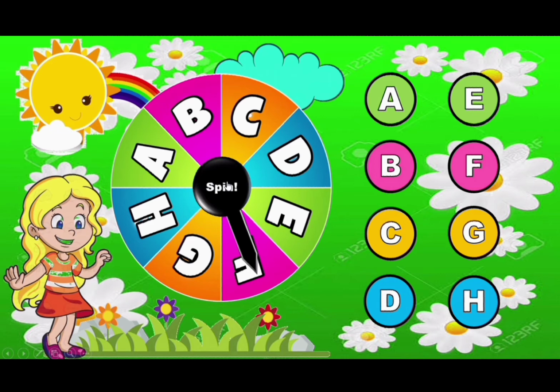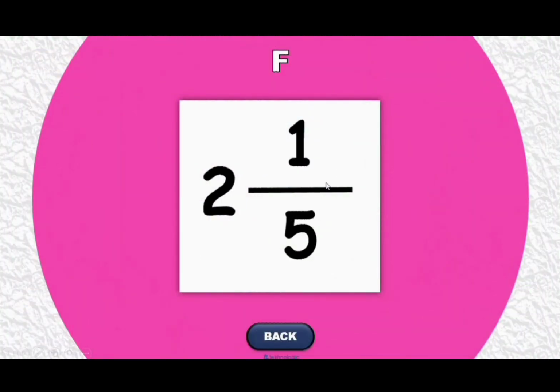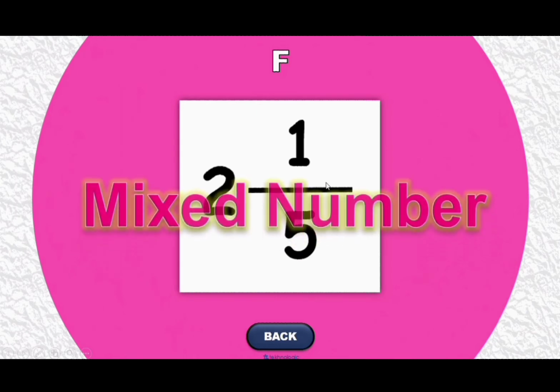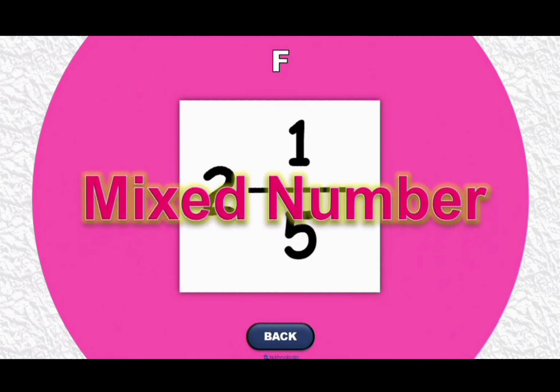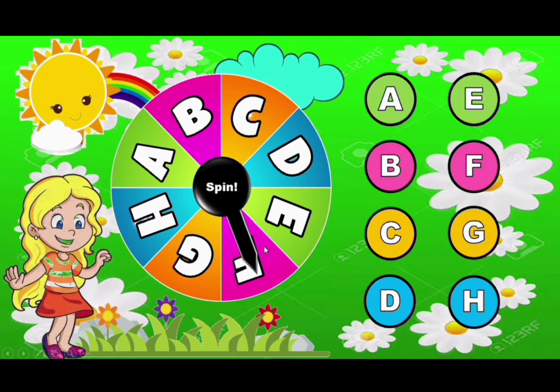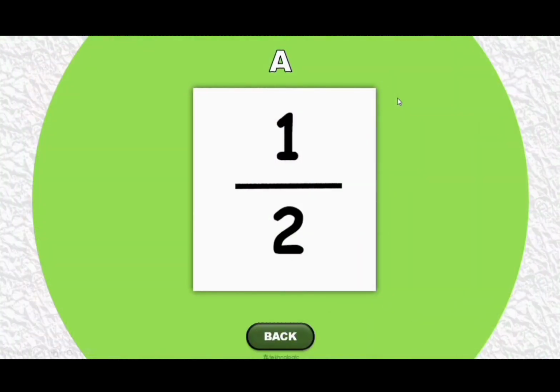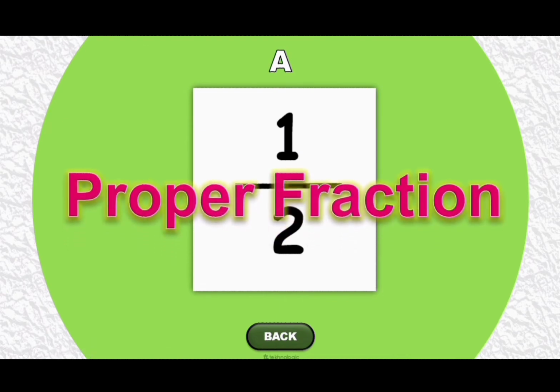Letter F. The fraction in letter F is 2 1/5. 2 1/5 is? Very good. It is mixed numbers. Now let's spin the wheel for the last time. It stops in letter A. And the fraction in letter A, it's 1/2. Correct! 1/2 is a proper fraction.